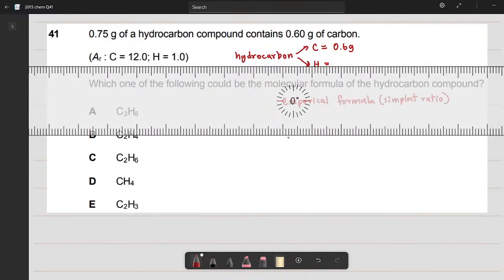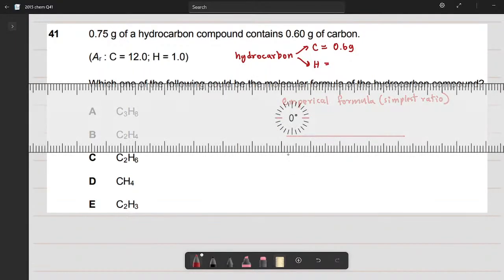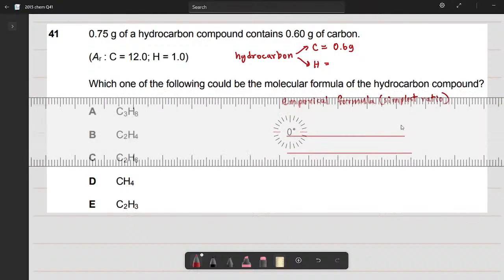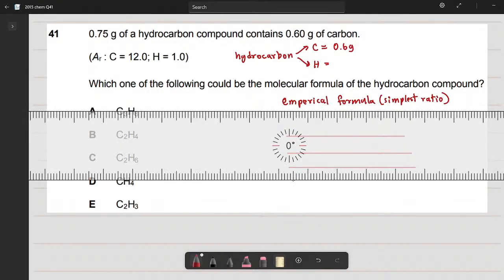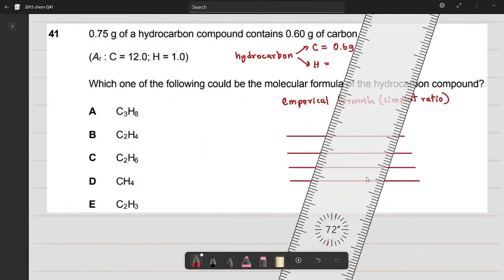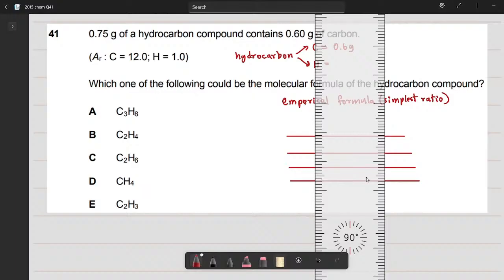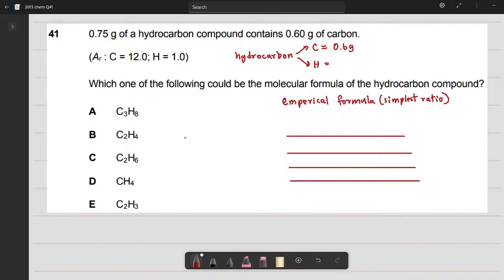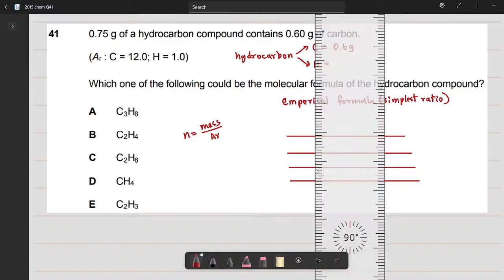So I'm going to draw this table real quick. So in this empirical formula method, we're going to use one main formula, which is basically moles is equal to mass over Mr, which is the most basic formula we're going to apply here.